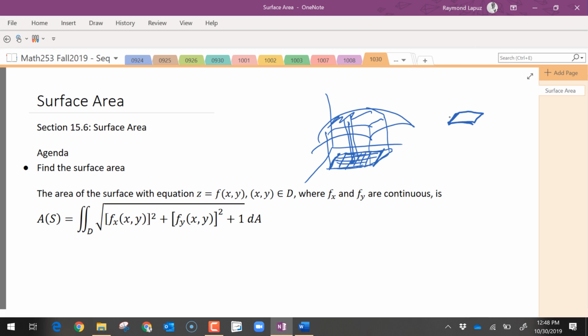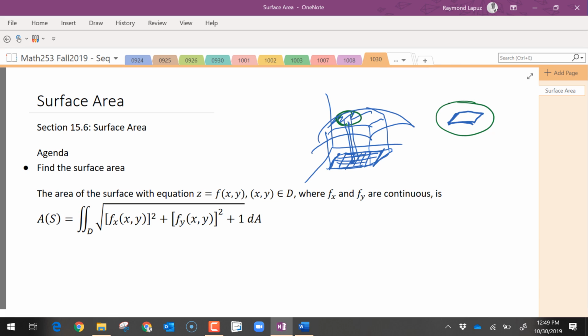And so what you could do is, maybe I should change colors there, you can figure out the surface area here by looking at the area of the plane.